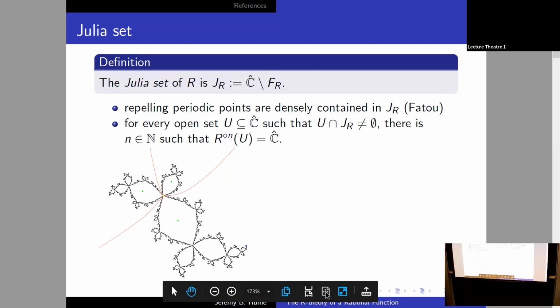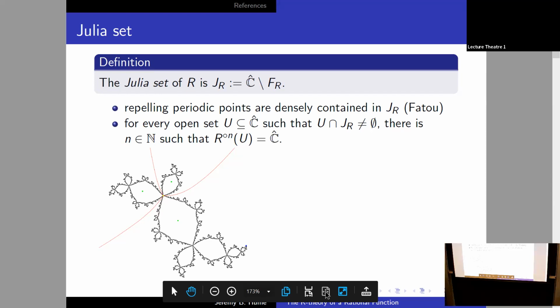So you might notice some self-similarity here. This neighborhood here looks a lot like this neighborhood here. So if this is getting mapped to here, and this looks like this, you can kind of expect this to map here, and this will map here.